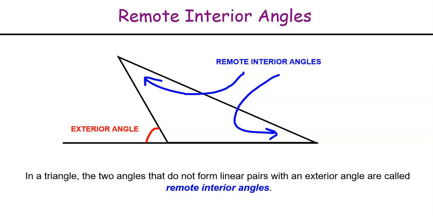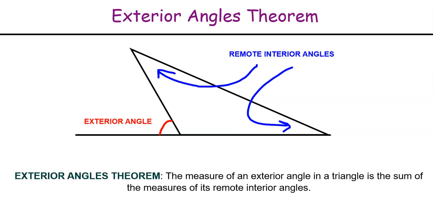Now, one of the properties of remote interior angles is that they are very closely related to the exterior angle that they refer to. And we're going to show you the theorem here without a proof because you're going to prove it as a part of your practice after this. It turns out that the exterior angles theorem of a triangle tells us that the measure of an exterior angle in a triangle is the sum of the measures of its remote interior angles.